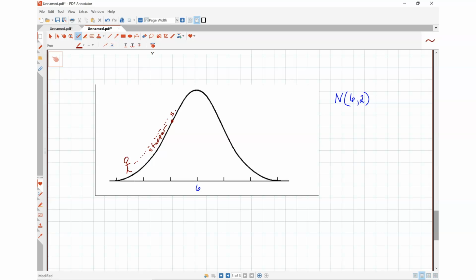And once you get up to this part of the curve, it gets shallower. And then when you get to the top, it does the same thing again, right? It starts to get steeper and steeper, and then it gets shallower and shallower as you go down. So that special place where it changes from getting steeper and steeper to getting shallower and shallower occurs precisely one standard deviation away from the mean.